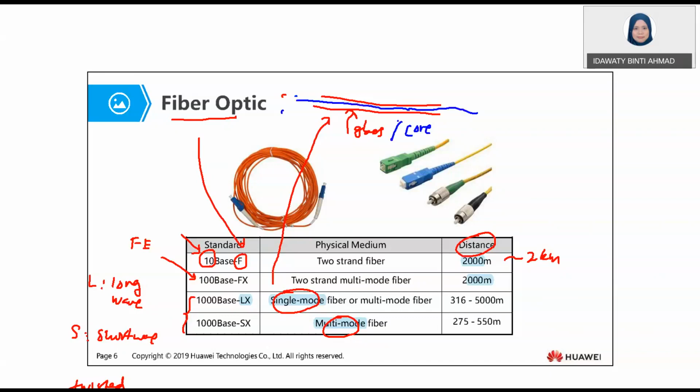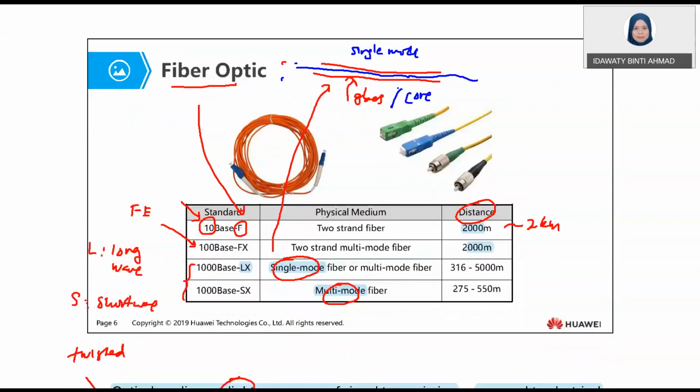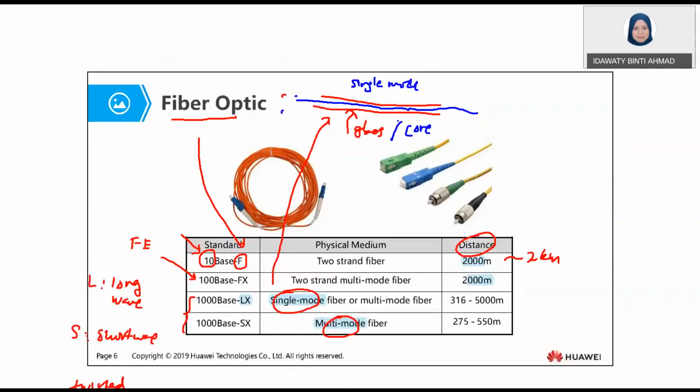So this is single mode. For single mode, you can see that it can go until 5 kilometers, because the signal can go straight.